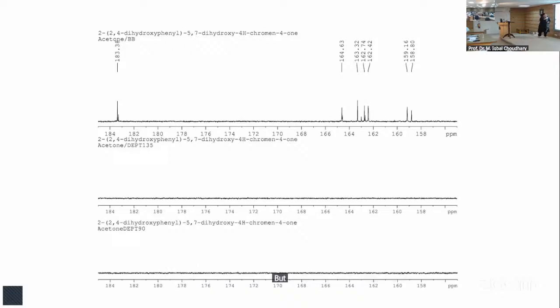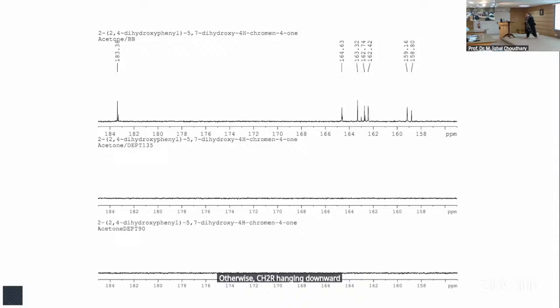But with DEPT NMR, we can get this information back, because DEPT 90 gives the information of CH only. And when we compare DEPT 90 with DEPT 135, then we can get the information of CH, CH2 and CH3. Since this molecule doesn't have any CH3 and CH2, we do not have them.